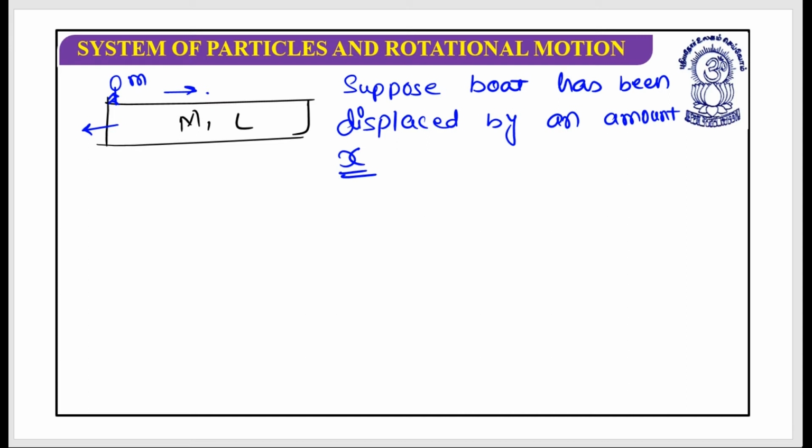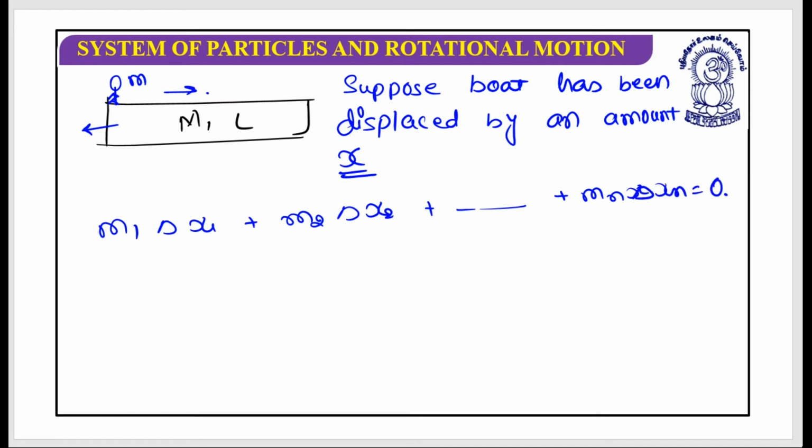Then m1 delta x1 plus m2 delta x2 up to mn delta xn would be equal to 0. This is my master relation, because the center of mass is not going to change its position.